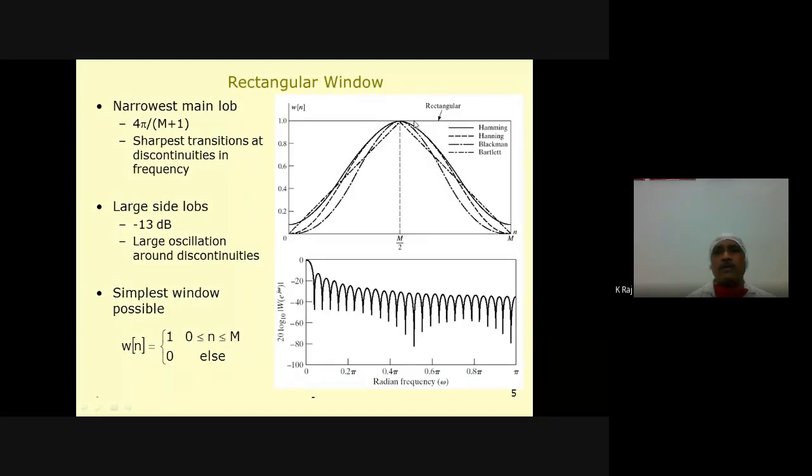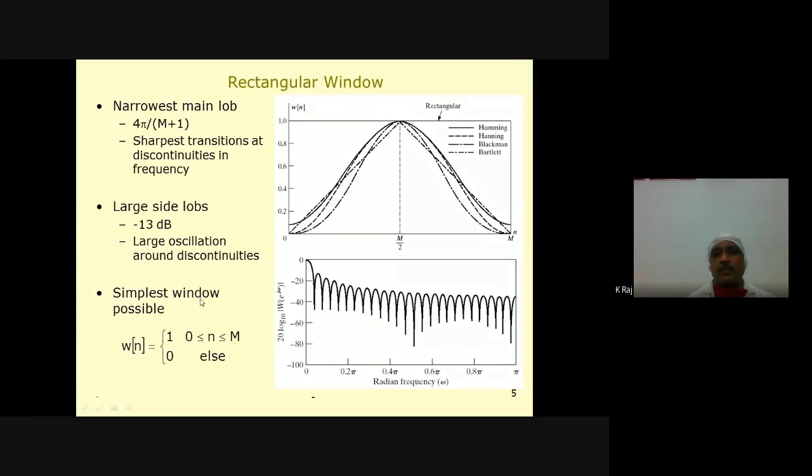Now after the comparison, we will find that the narrowest main lobe is 4 pi by M plus 1, and you have to compare all types of windows, and the sharpest transition at the discontinuities in the frequency. The largest side lobe is minus 13 dB, and large oscillations will take place around the discontinuities here.